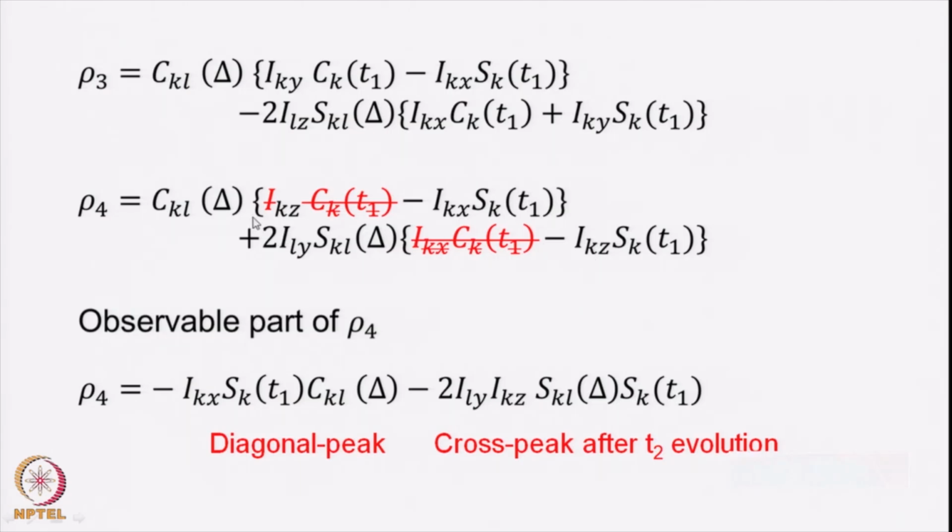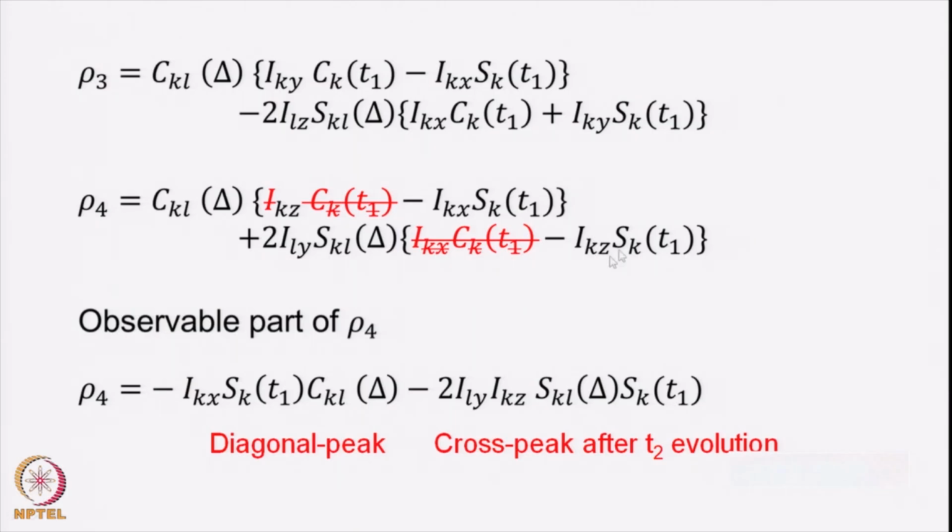Now this is Z magnetization, which is not observable because we are not doing any more pulses after that; we are directly detecting the signal. This term is single quantum coherence of the K spin, which is observable. This is a double quantum and zero quantum mixture, which is not observable, therefore we do not consider it for further treatment. And this is ILY IKZ, L magnetization antiphase to K spin, which as such is not observable.